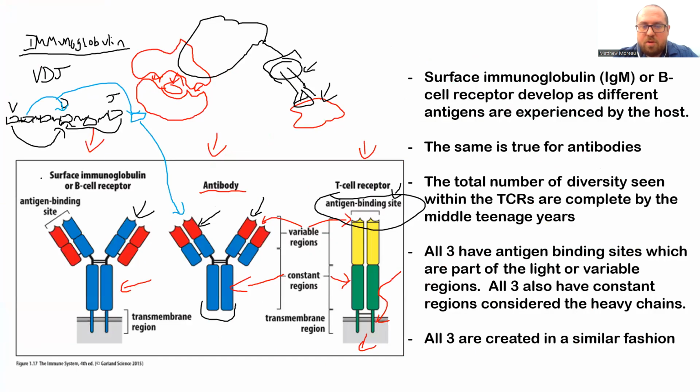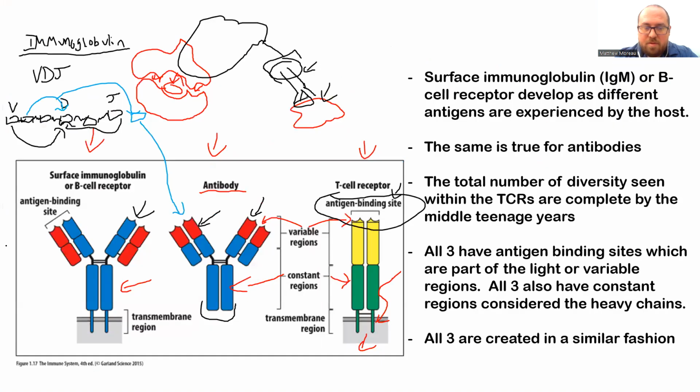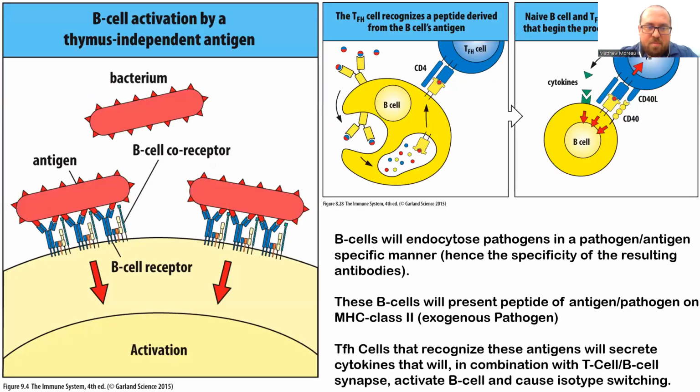This is a critical component of how B cells are activated, because B cells are going to have the B cell receptor, with the same antigen binding site that occurs here. And that antigen binding site on the B cell receptor is going to engage with those particular antigens that they recognize.